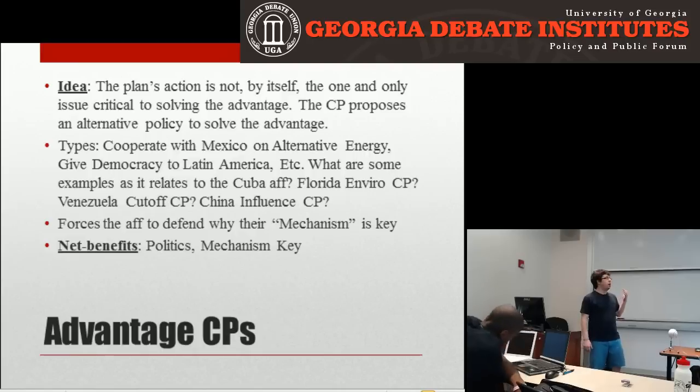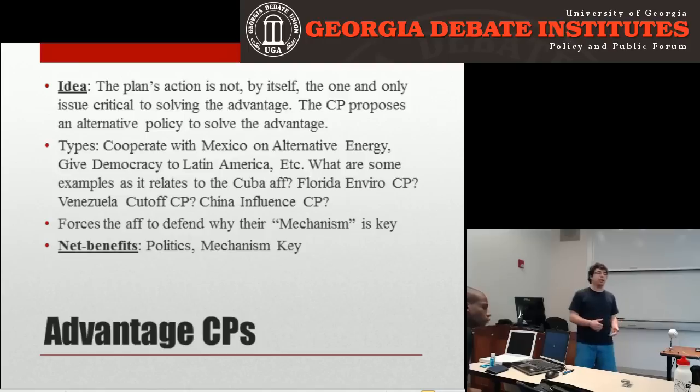So you could do things like cooperate with Mexico on alternative energy to solve U.S.-Mexico relations, or give democracy assistance to random parts of Latin America to solve influence-based advantages. So as it relates to the Cuba affirmative, what are some advantage counterplans, do you think?